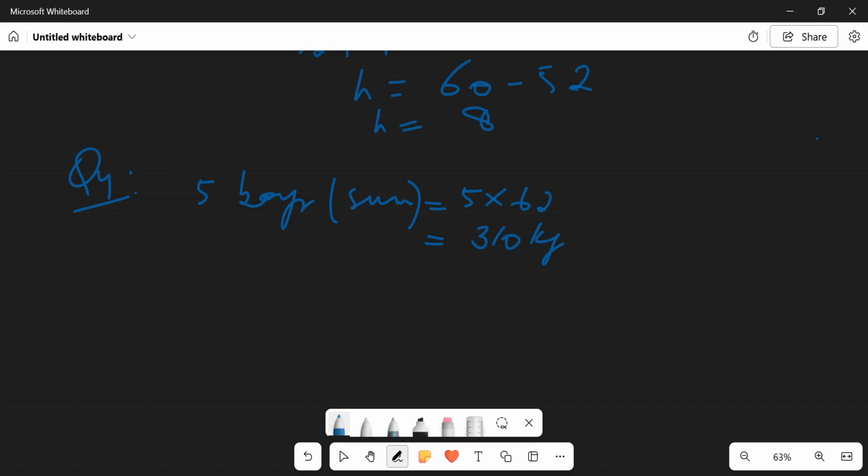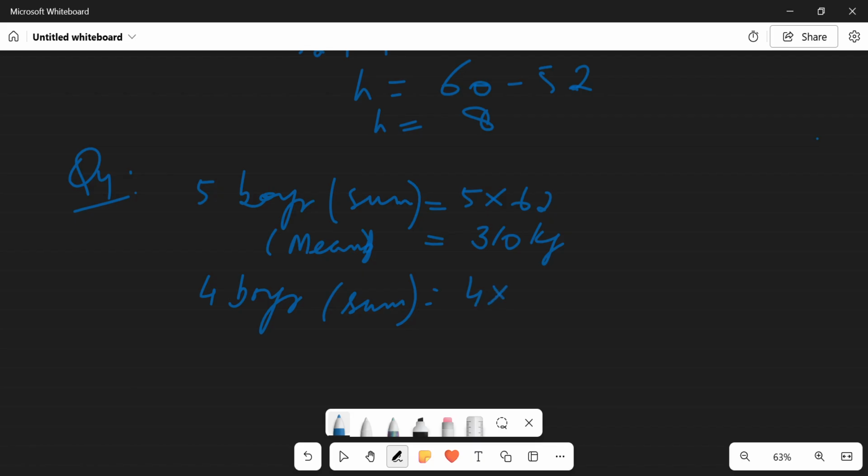Now, the mean of the masses of now four boys. This is the sum of five boys, and this is the mean of how many boys? Of four boys. Now four boys, the sum is four times the mean.